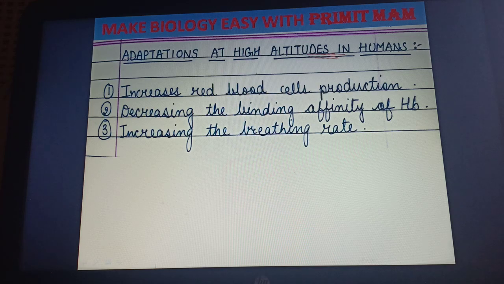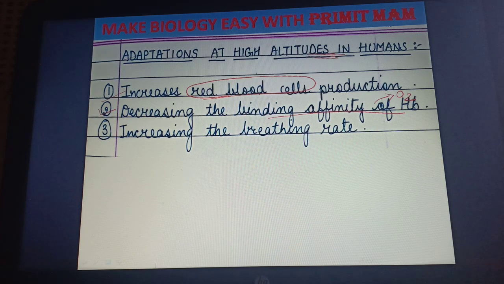The first one is an increase in red blood cell production. Then the binding affinity of hemoglobin towards oxygen will decrease, and as a result there will be a partial pressure difference of oxygen between the tissues and the blood, so the oxygen will be provided to the tissues.